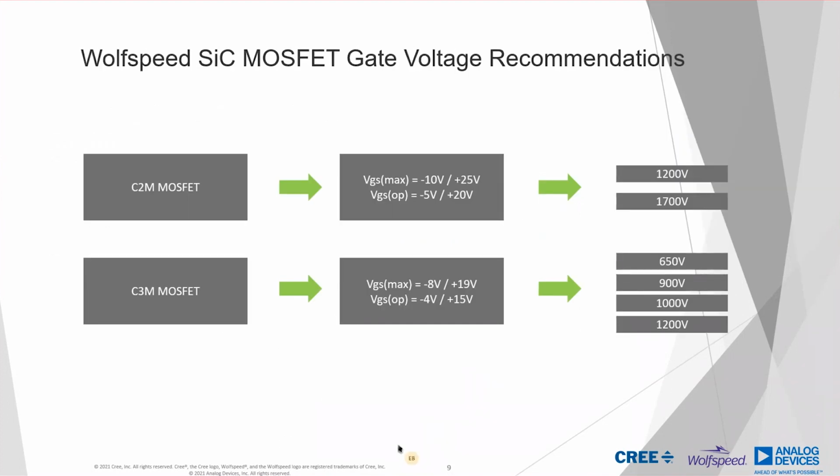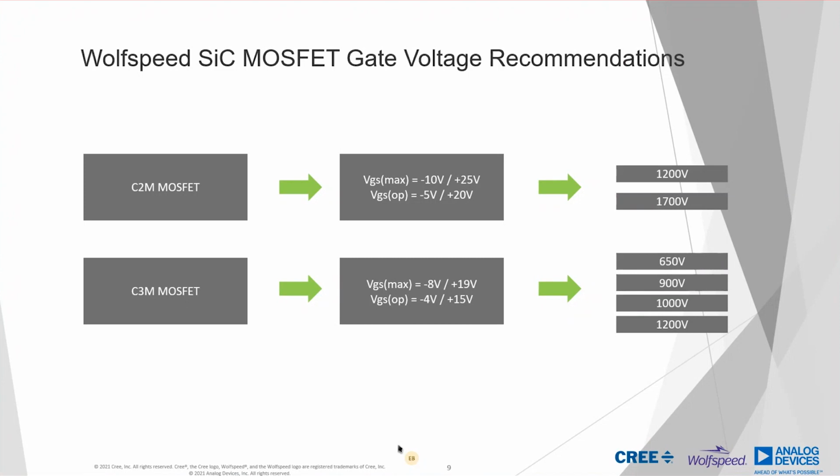Okay, so we'll look at the two generations of Wolfspeed MOSFETs that are on the market today: our second generation and third generation parts. The second generation parts use a 20 volt gate drive voltage for their turn on level and -5 for the turn off level.